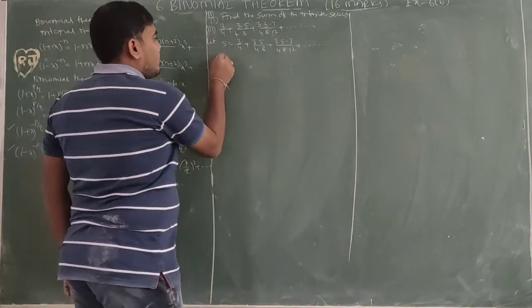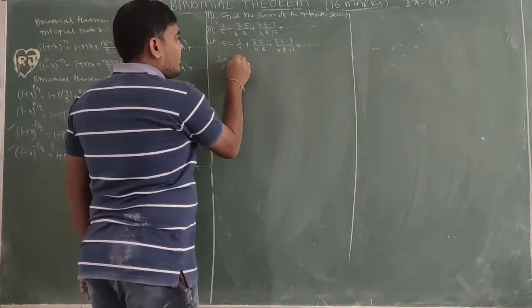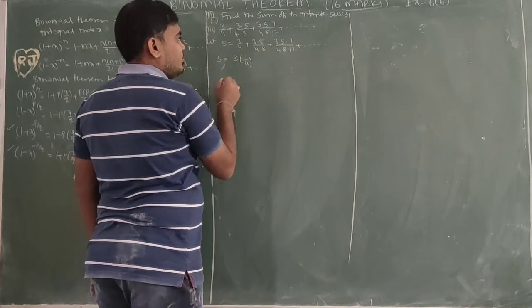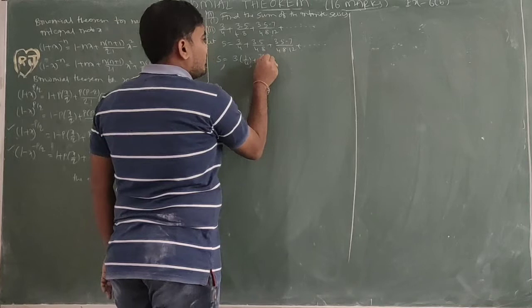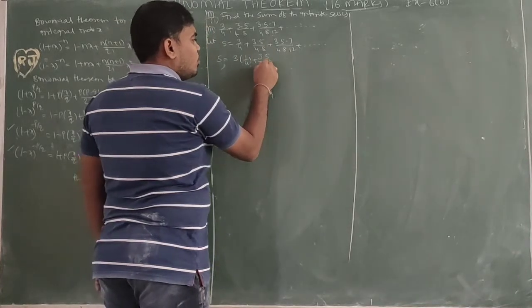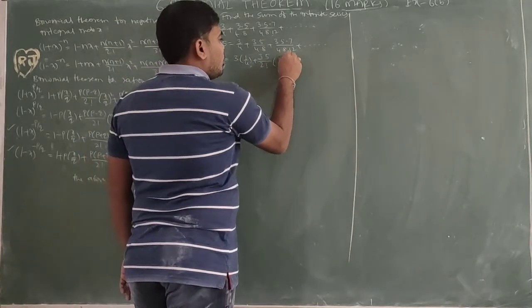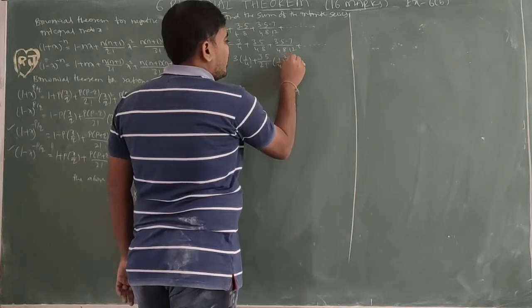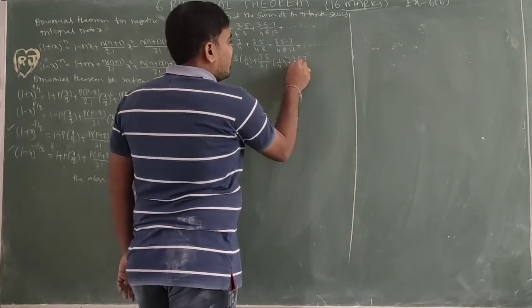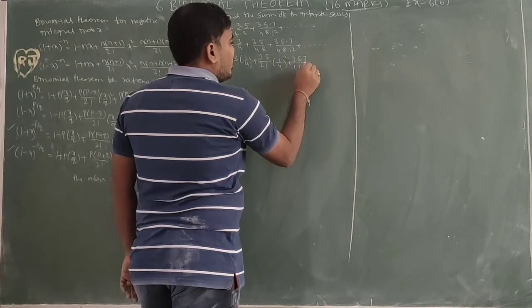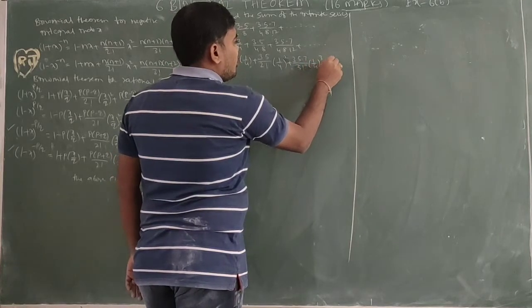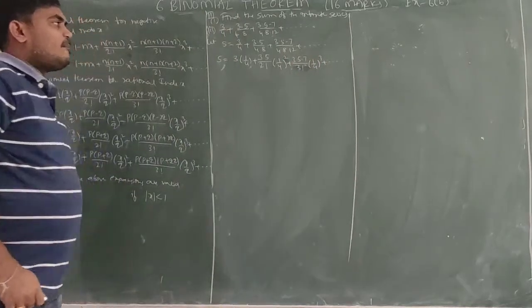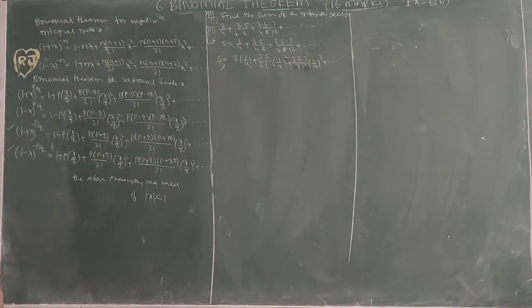So S is equal to 3 into 1 by 4, only 1 four. Then 3 into 5 by 2 factorial into 1 by 4 whole square, then 3 5 7 by 3 factorial into 1 by 4 whole cube plus up to so on. So this we got.